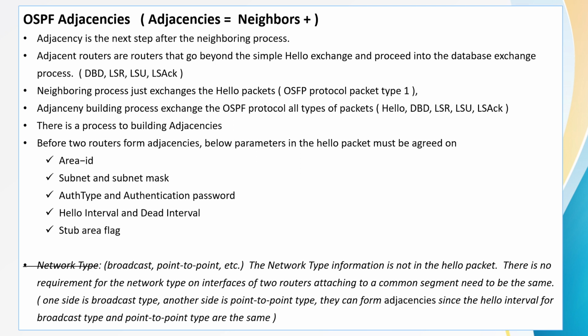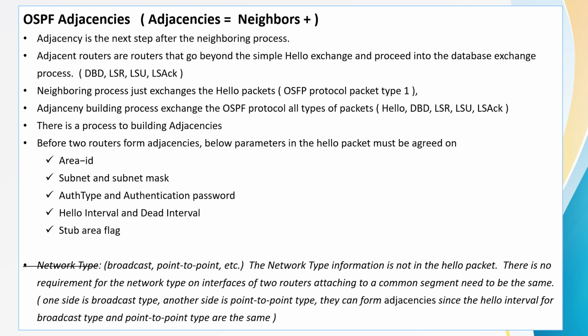Here I have to mention, in best practice, for two routers configured as OSPF neighbors, the network type on the interfaces connecting to a common subnet has to be the same. However, it's good to know the network type information is not in the hello packet. There is no requirement that the network type on the interfaces of two routers attached to a common subnet be the same.